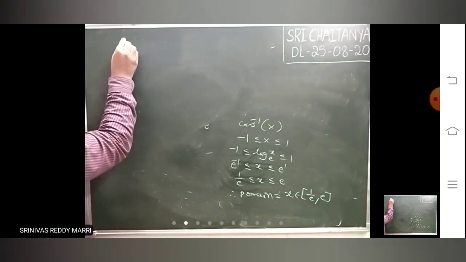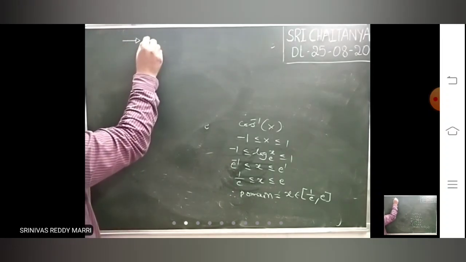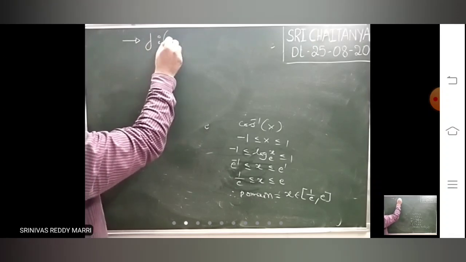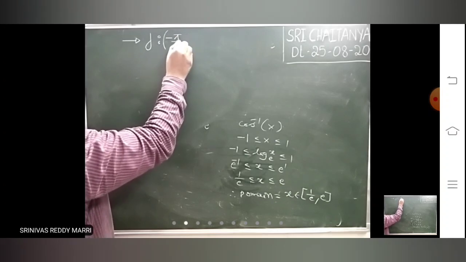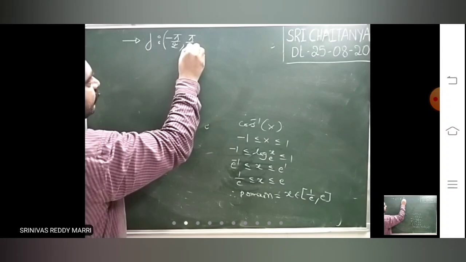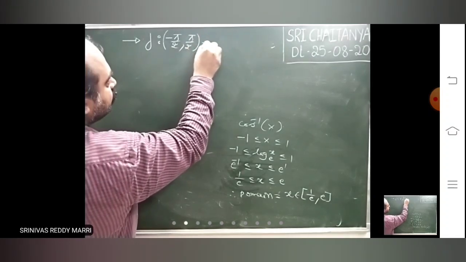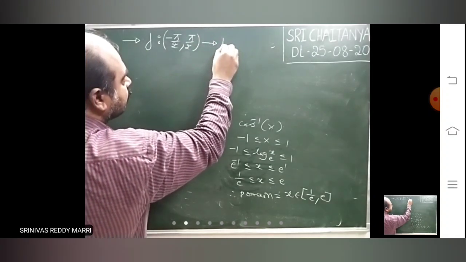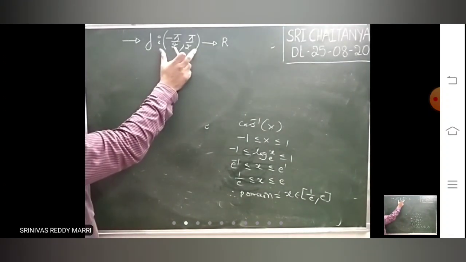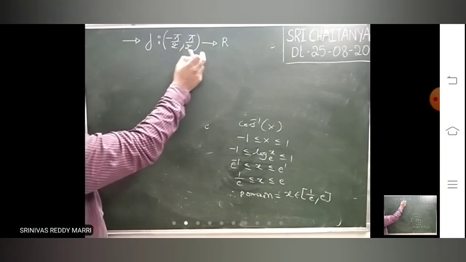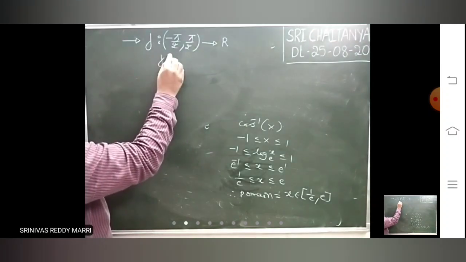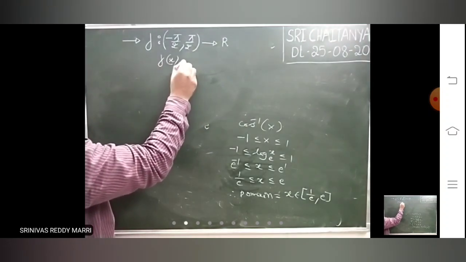The next function is tan inverse x. Similarly, suppose you define a function f from minus pi by 2 comma pi by 2 to R. I have given the function's domain as minus pi by 2 comma pi by 2, so the range is R. Let us say f of x equals tan x.